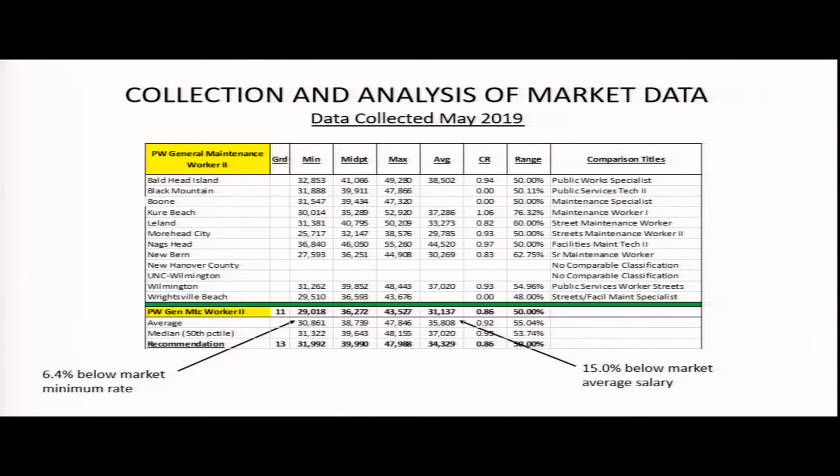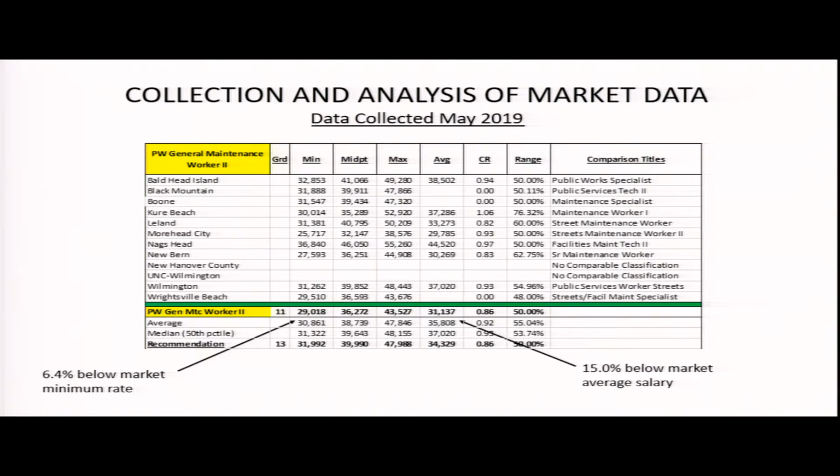So you can see in this particular case, the salary needs to be adjusted 2 pay grades to put it in the pay grade that puts you at a market competitive position for that particular classification.